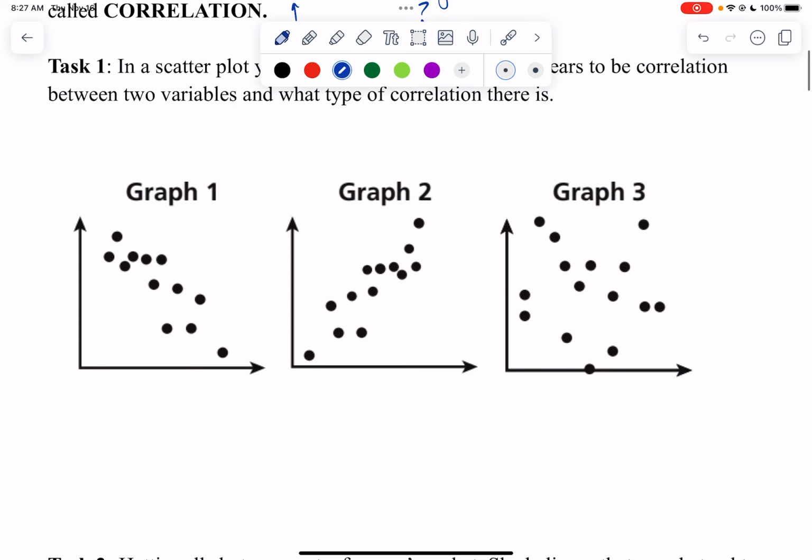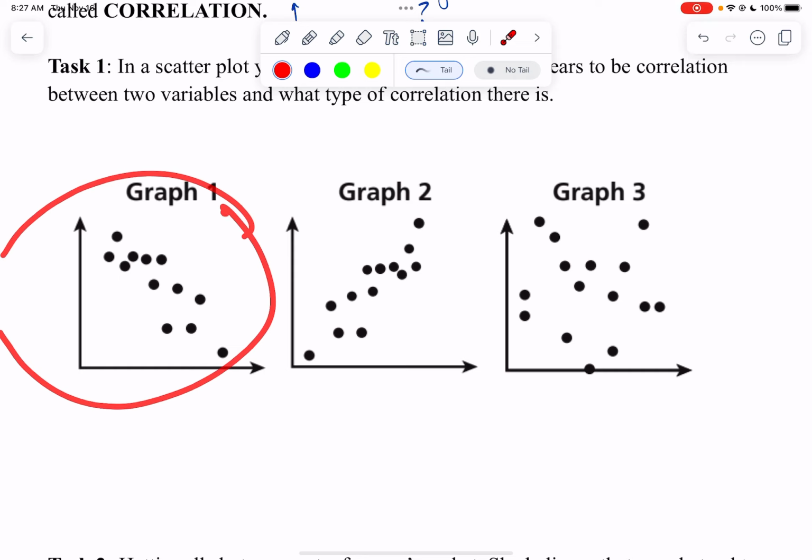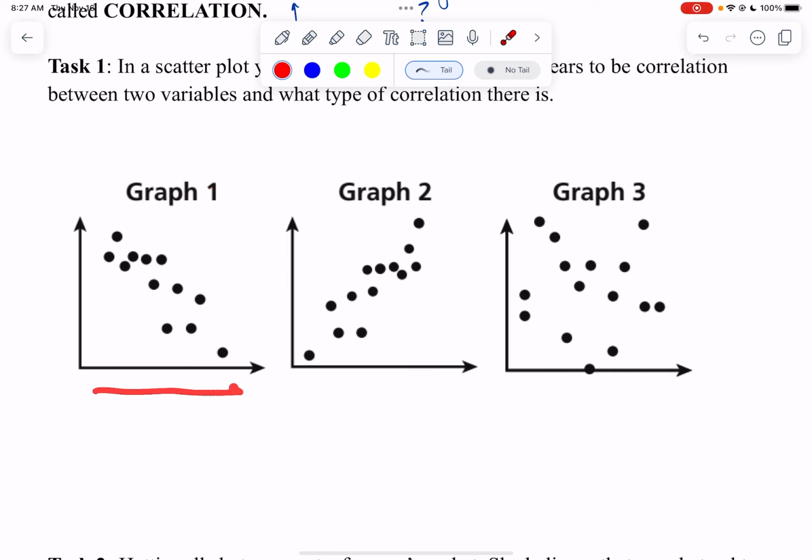So if we notice in this first graph, as this variable gets bigger, this variable tends to get smaller because they tend to trend down.